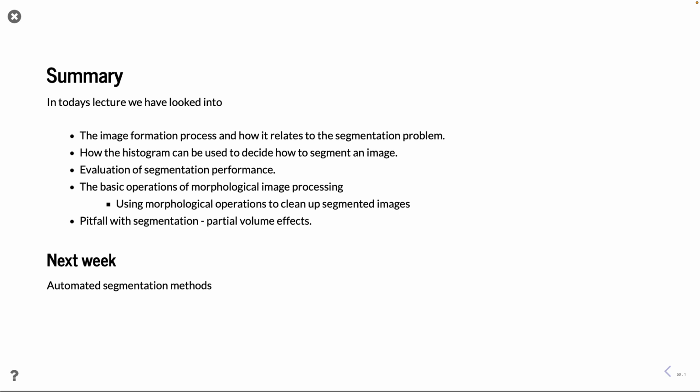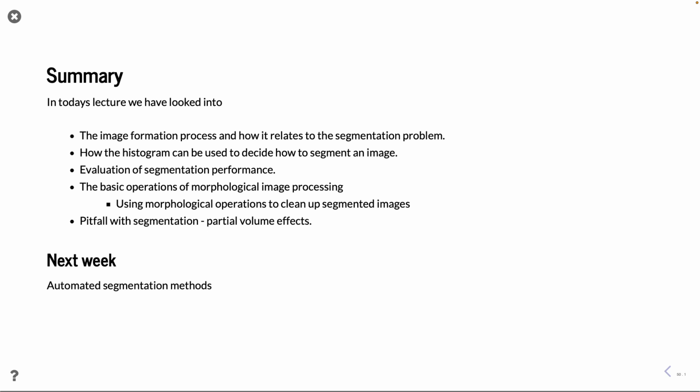In some cases it helps, in some cases it doesn't. And if you have misclassifications, morphological image processing can help you clean out some of the misclassified pixels, but here it's important to know that in some cases you distort the edges. It could be a nice exercise to check what the ROC curve is if you apply these opening and closing operations on your segmentation.